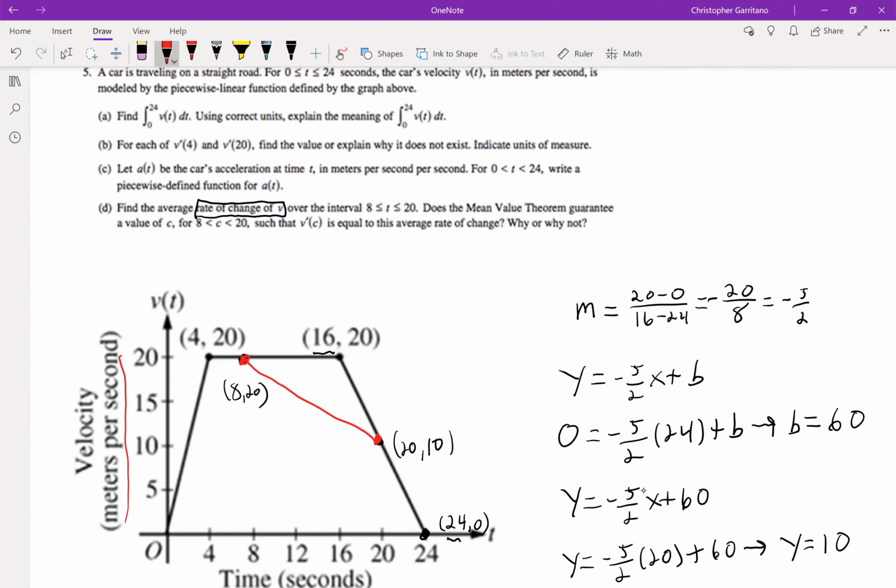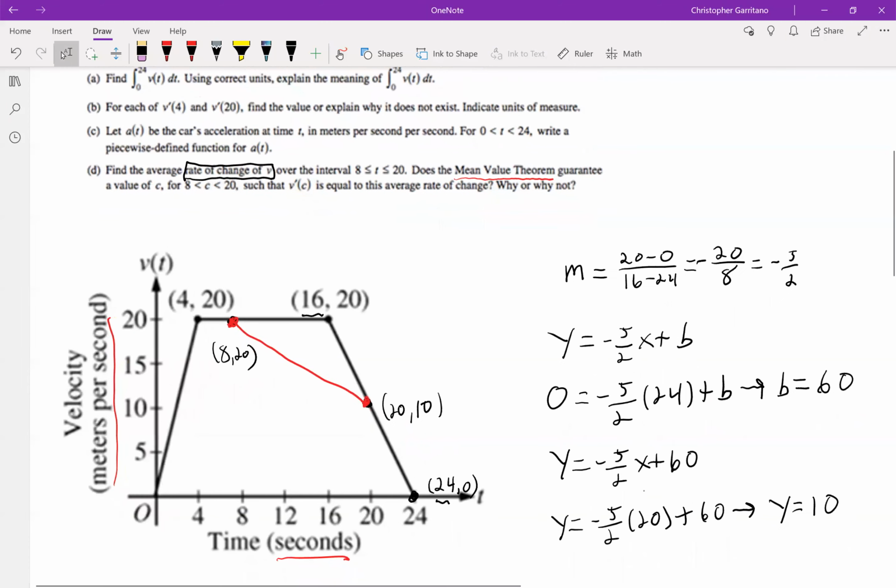The next question asks, does the mean value theorem guarantee a value C, so some x coordinate between 8 and 20, such that V prime of C is equal to this average rate of change?